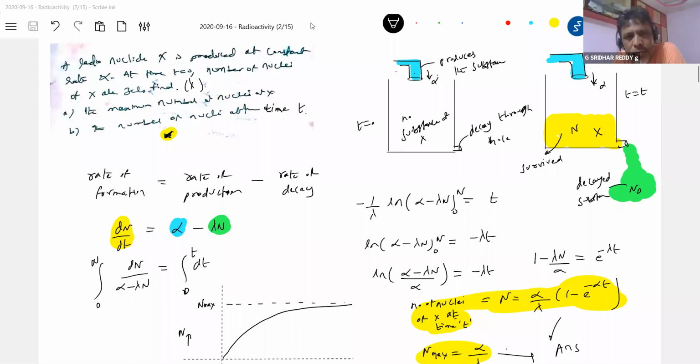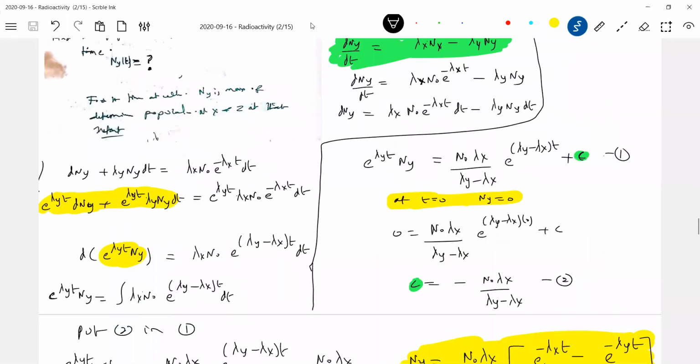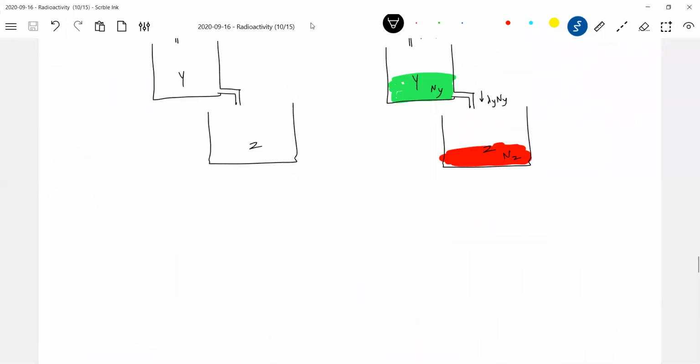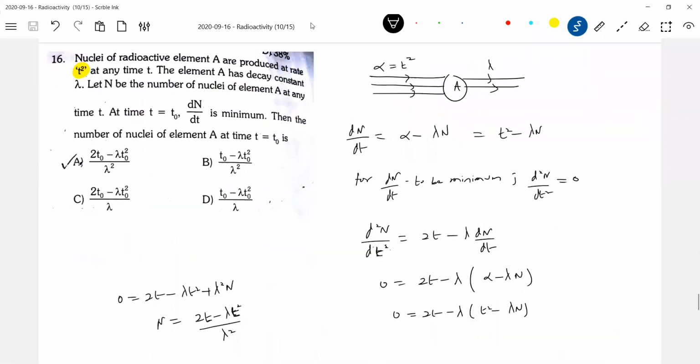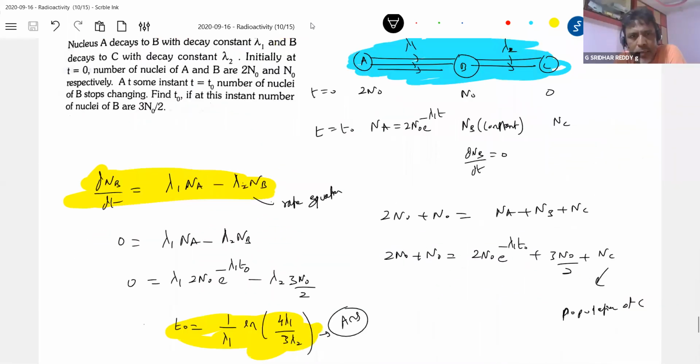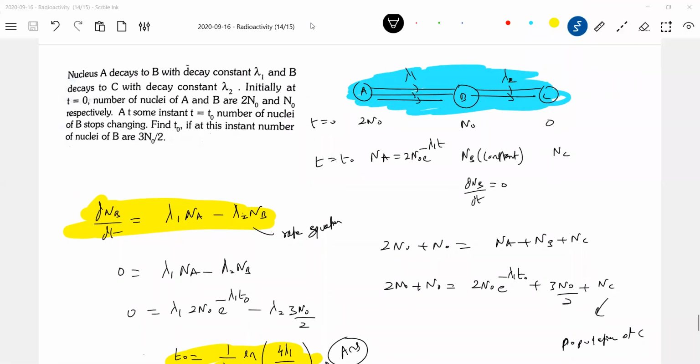Sir, in the last page, can you go again? Sir, here can we write the population of C as lambda 2 into NB into t? How do you calculate the number decayed of B?